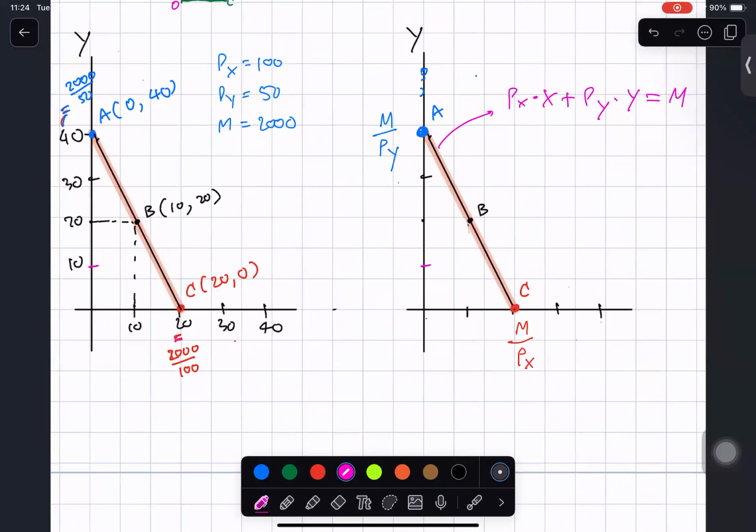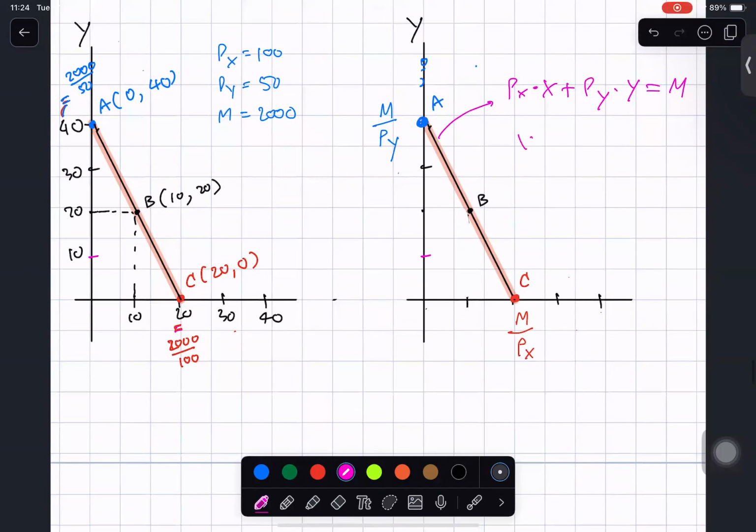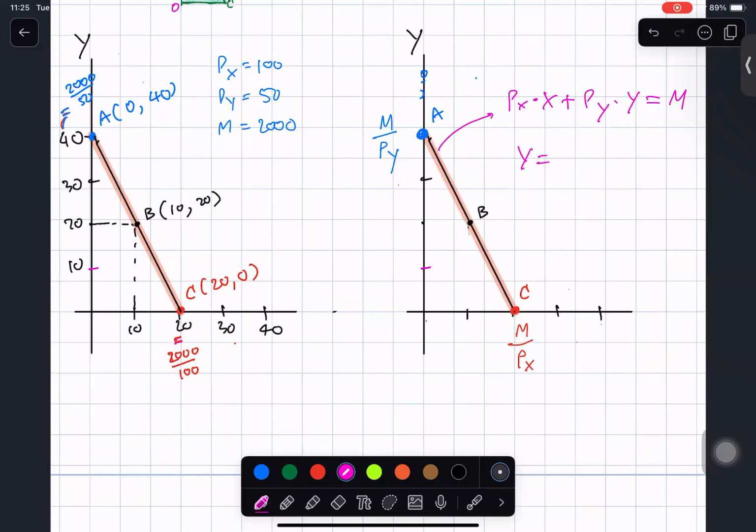Next. Can you isolate Y then? Isolate Y, rearrange the equation here. And at the end of the day, Y stays alone on the left. We call it isolating Y. Leave him alone on the left. What do you get?